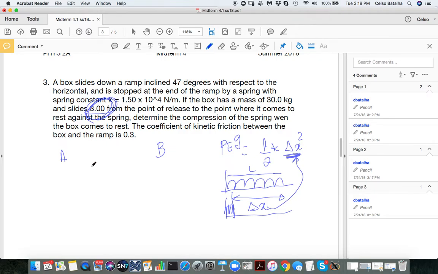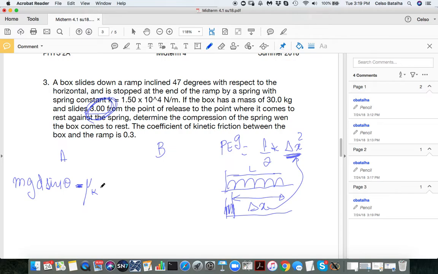So once you know that, when you do conservation of energy in A, the only thing you have is gravitational potential energy, mg, and then d sine of the angle, right? Sine of theta, the slope. But you have to take also the work done by friction that goes from A to B, and that is equal to the coefficient of kinetic friction times the normal force.